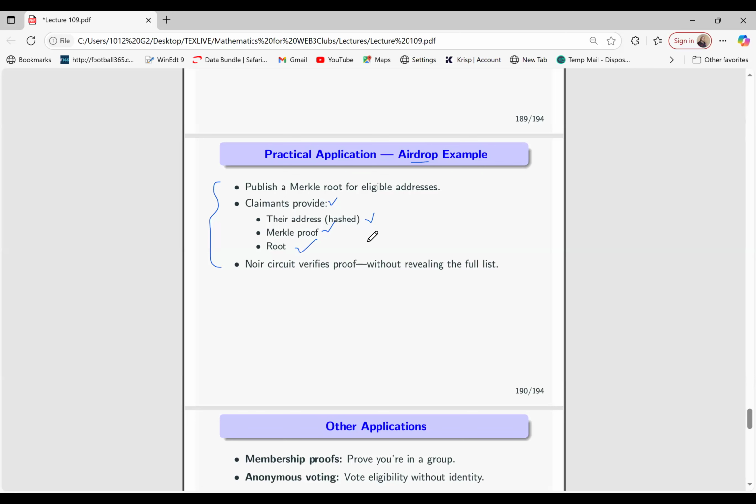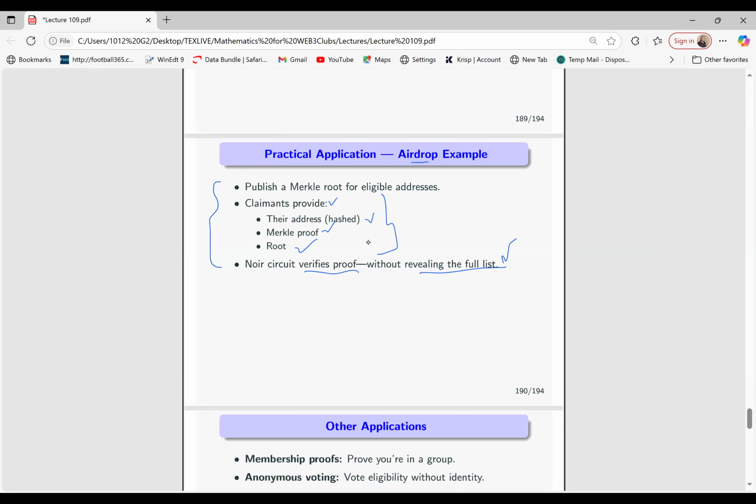So that is the proof you're writing the circuit for. The claimant should provide this, and then the Noir circuit that you've written will verify the proof without revealing the list of members who are supposed to be given airdrops.